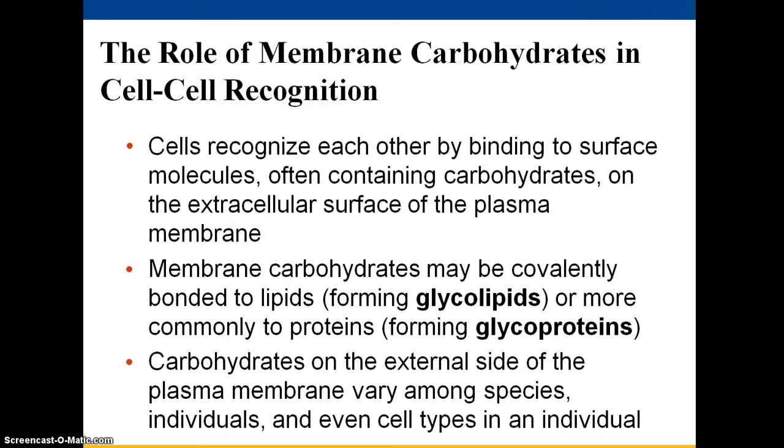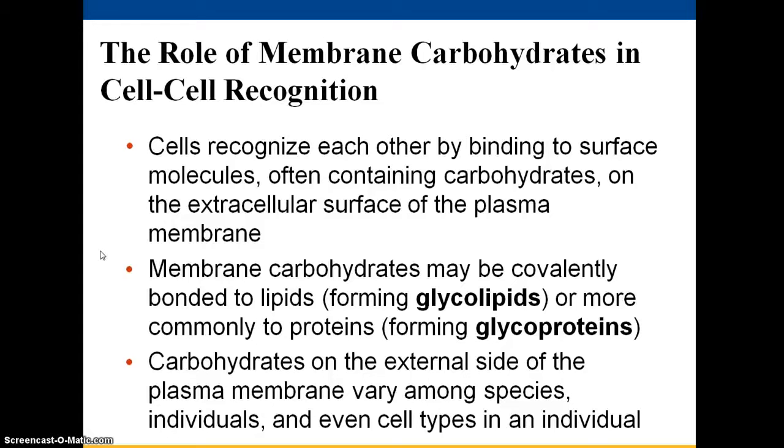Notice that one of the functions we just mentioned was cell-to-cell recognition. Cells must be able to tell different types of cells apart, to recognize neighboring cells and to recognize self versus non-self, especially when we think about our immune system being able to recognize invaders. Now, a lot of times, cell-to-cell recognition is carried out by carbohydrates that are present in the membrane.